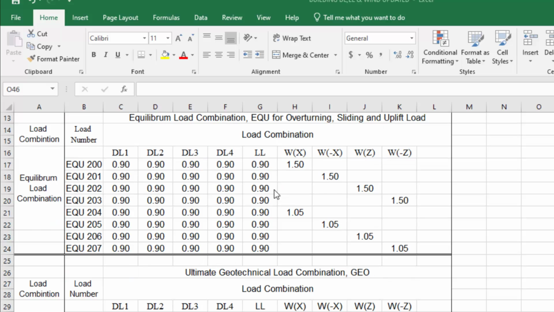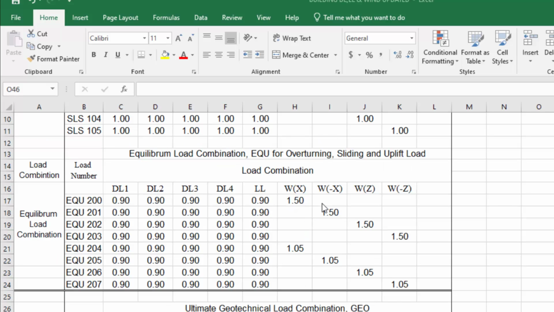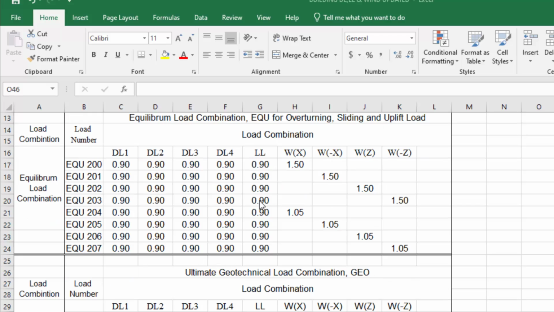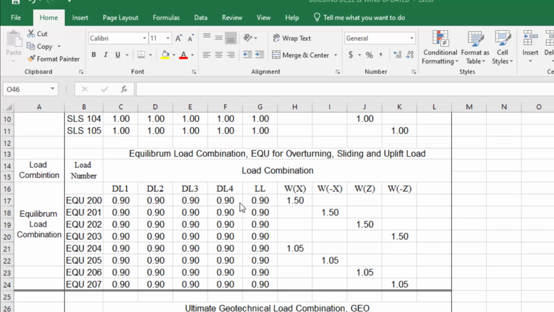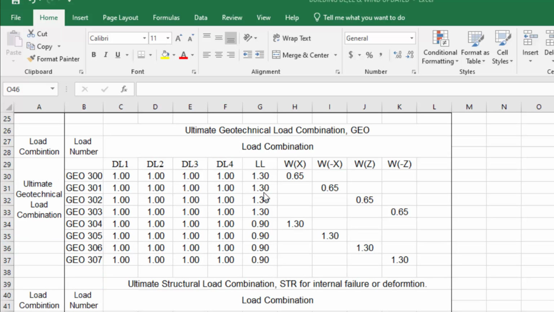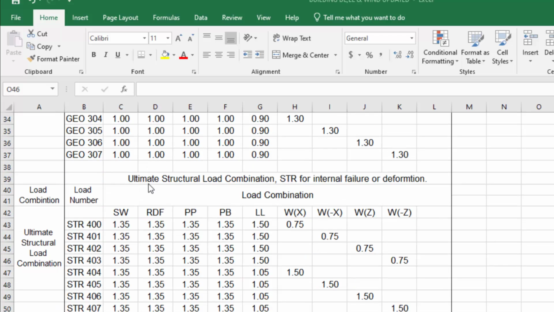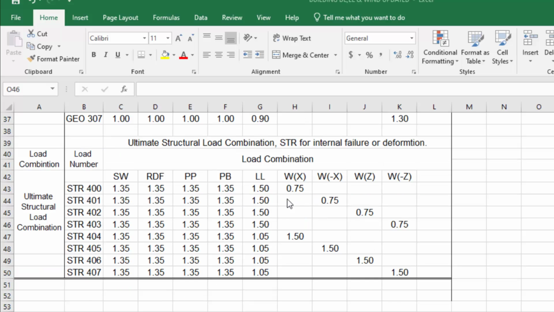It helps us to check our uplift, overturning, and sliding. After that, we do ultimate geotechnical load combination, which is for foundation sizing. Then the fourth one is ultimate structural load combination, which is for member design.